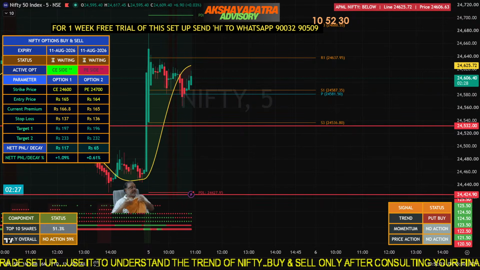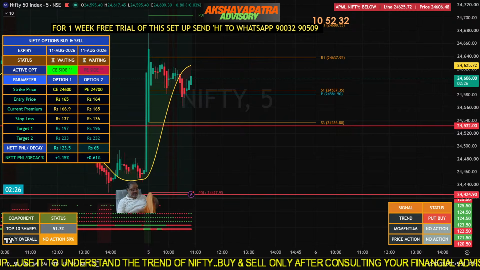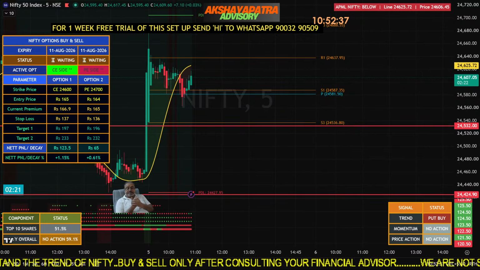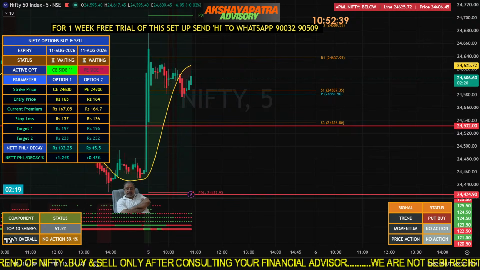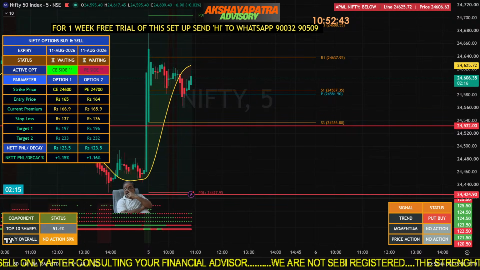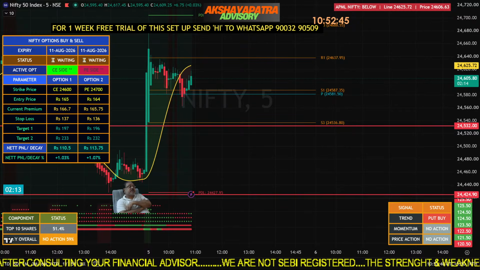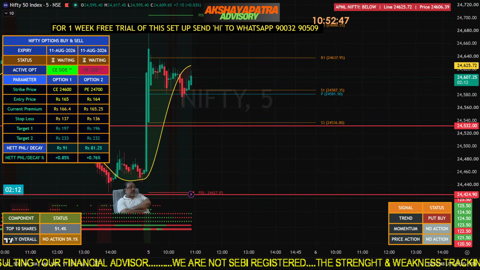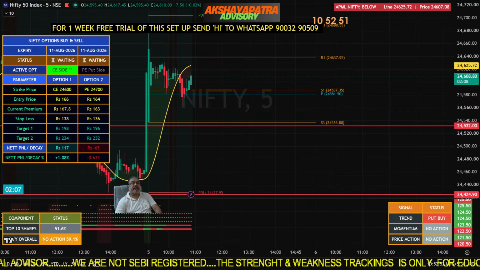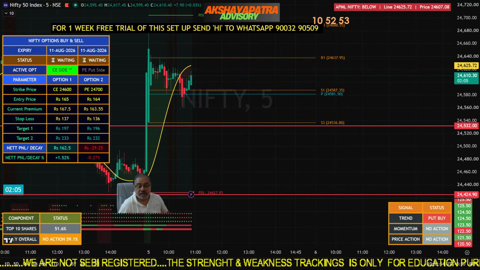Okay. So from the PCR, I said it is a scalping on the long side. 24,600 has got 1 crore 7 lakhs call versus 80 lakhs of put. So 24,637 will be a real tough thing to cross.